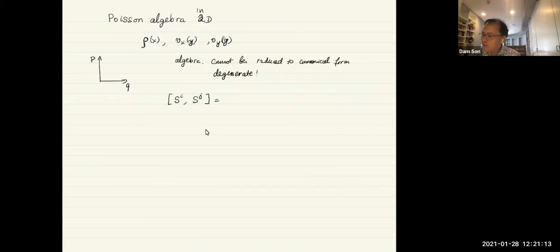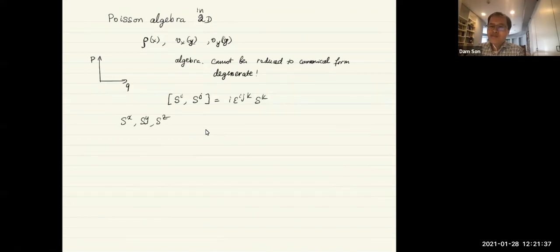So for spin, we have some commutation relation like that. You can think about that at the classical level, defining some kind of Poisson algebra with three operators, Sx, Sy, Sz.